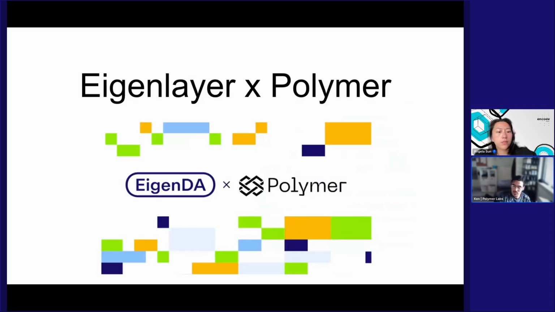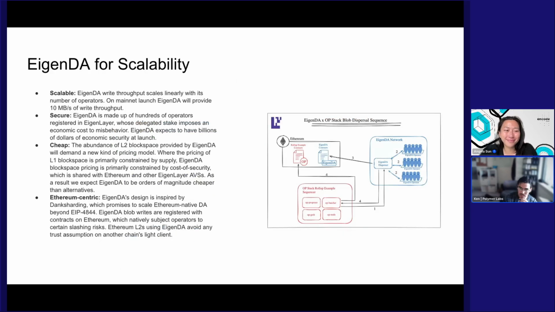Okay, so I just did a brief introduction of what is Polymer, but this is the EigenLayer Encode Hackathon. And so I'm now going to describe how EigenLayer integrates with Polymer. The first is EigenDA. EigenDA is essentially the first implementation of an AVS for EigenLayer, and it's their data availability solution.